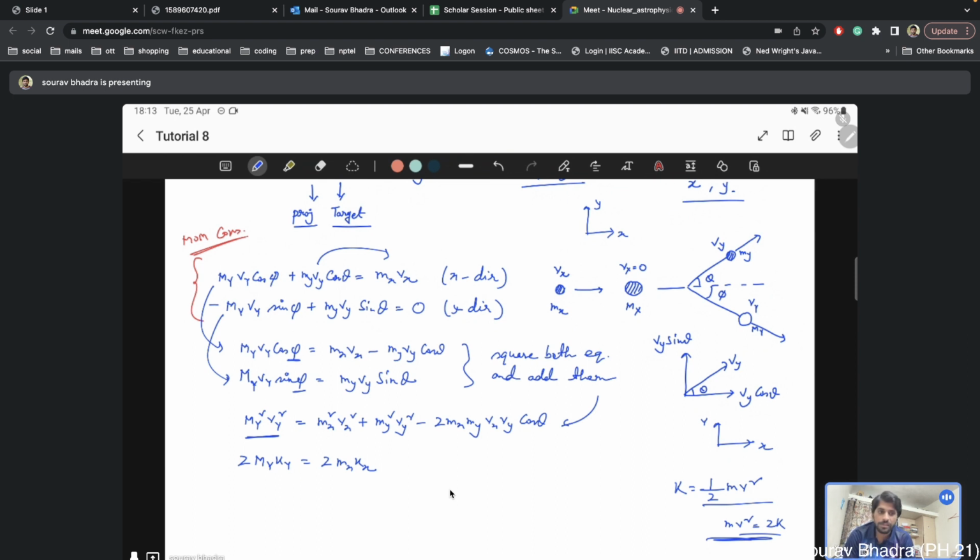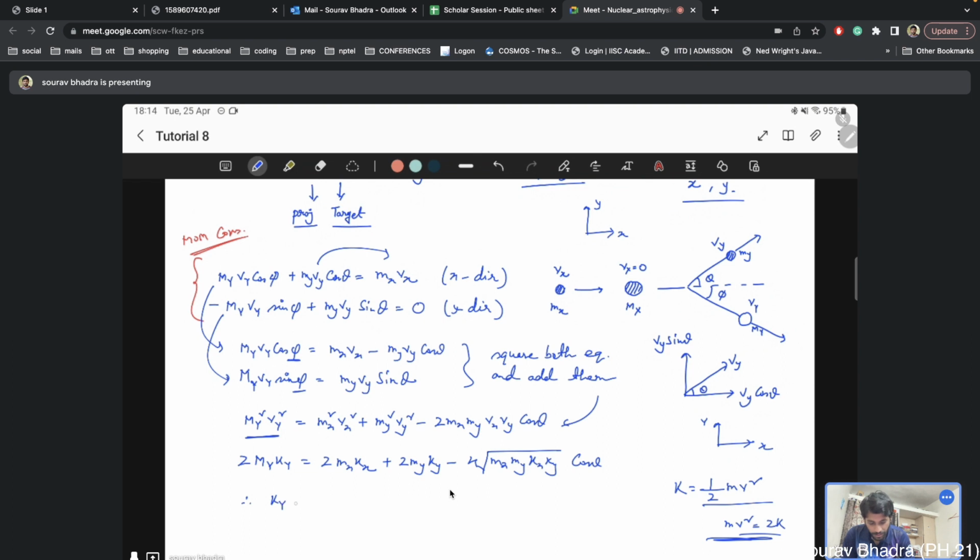Always remember K equals half into mass of that particular element into velocity square of that element. Then minus 4 mx my Kx Ky cos theta. So we have just converted mv square into kinetic energy, rewriting the equation in terms of kinetic energy.